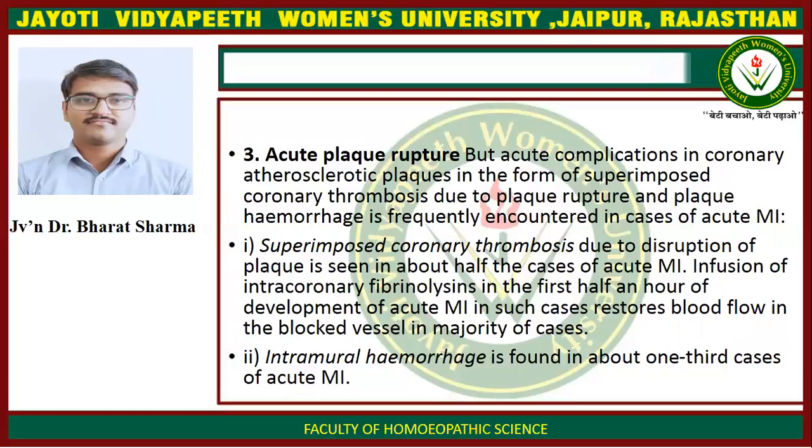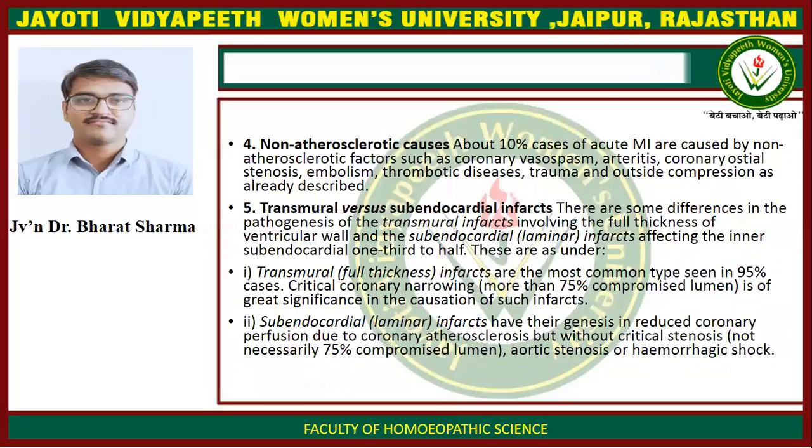Infusion of intracoronary fibrinolysis in the first half an hour of development of acute MI in such cases restores blood flow in the blocked vessels in the majority of cases. Intramural hemorrhage is found in about one-third of cases of acute MI. Non-atherosclerotic causes.